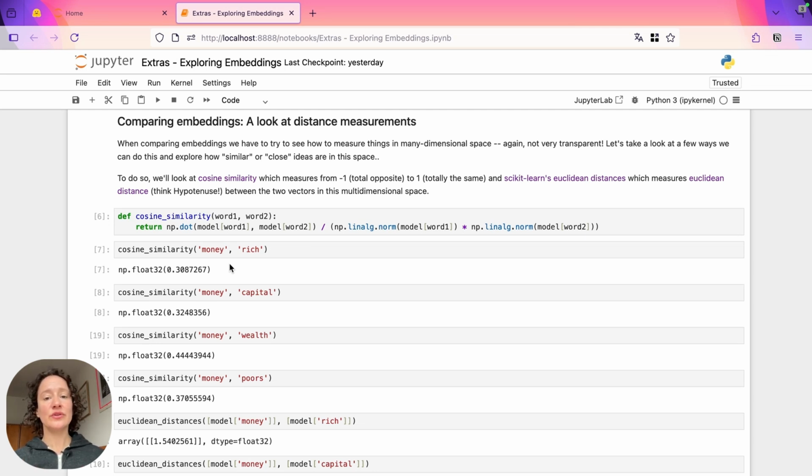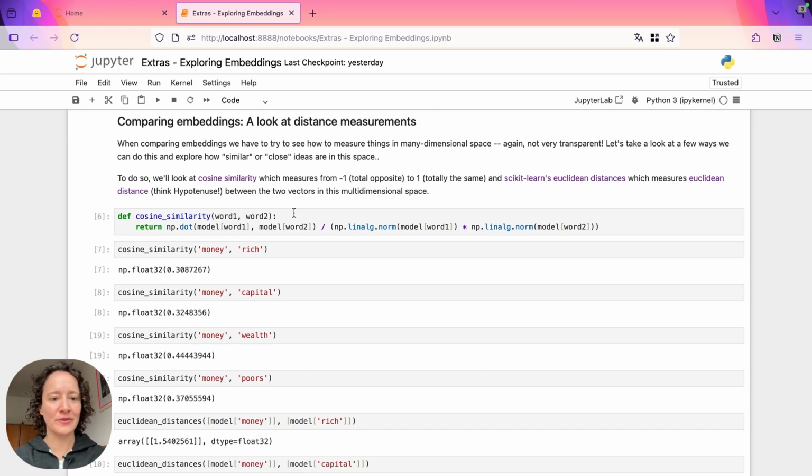And we can also start looking at things like Euclidean distance, which we can think of in some sort of massive vector space as the hypotenuse. If I go from the tip of this vector to the tip of that vector, how far are they from each other if I can just fly through dimensions?